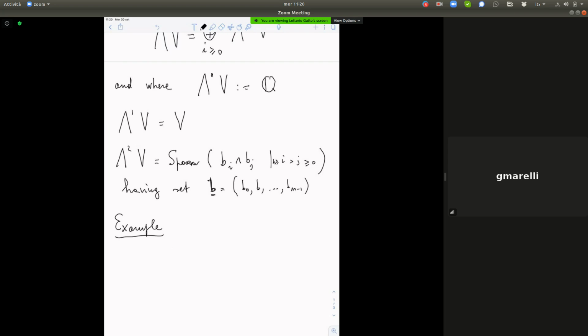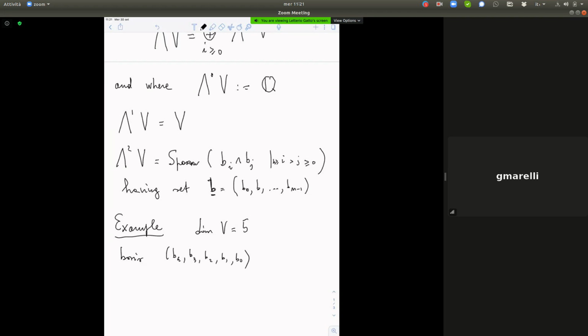And I want to give you an example. Again, I take dimension of V equal to 5, so the basis is B0, B1, B2, B3, B4. I want to be more precise, because since V by definition is wedge 1V, and we want the index in decreasing order, we write it like this.